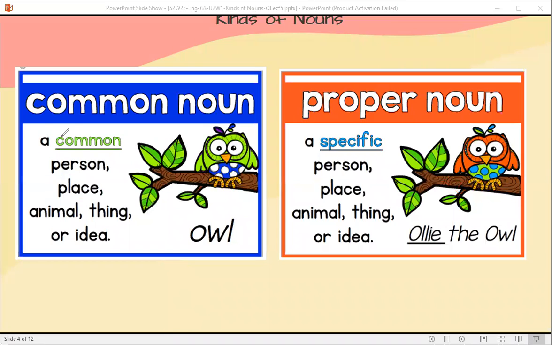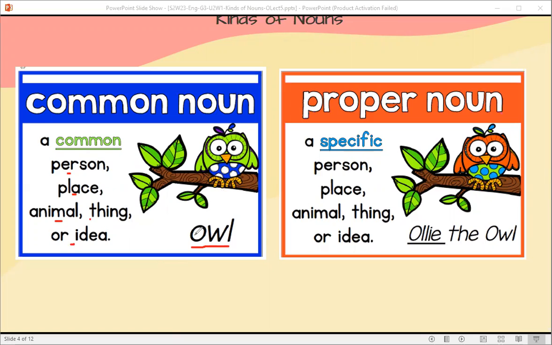Now, a common noun names a common person, place, animal, thing, or idea. For example, if you look at the picture, you can say I can see an owl. This is an owl. It's a common animal, a common bird.